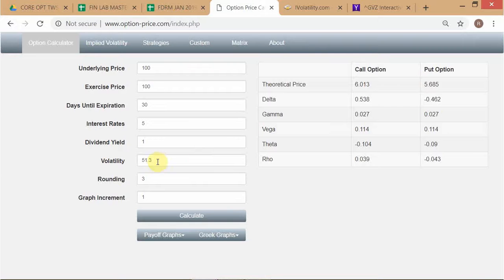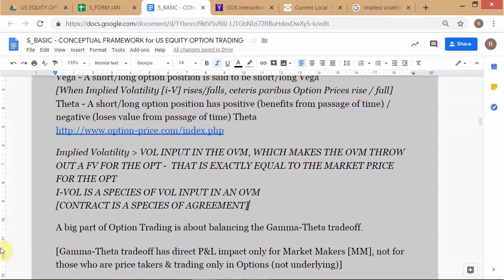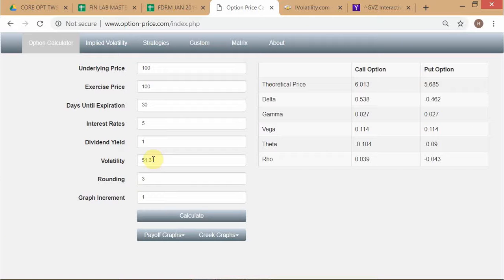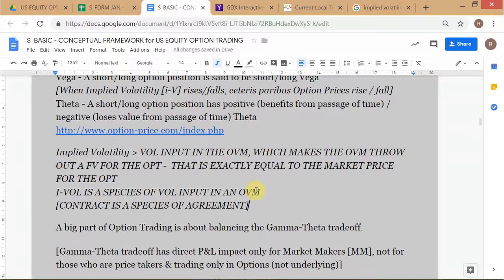So there are many vol inputs that I put in, and only one of them turned out to be the IVOL, which is in this case 51.3 if we ignore the decimals. With that 51.3 vol input, I get a fair value for the option which is equal to the market price.